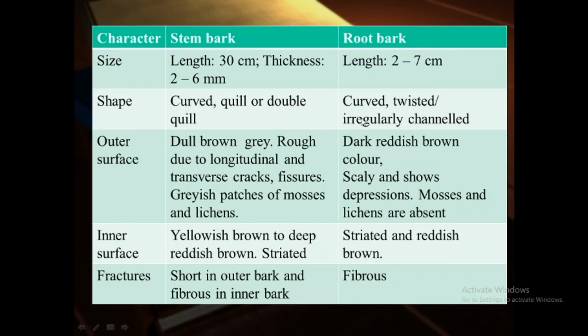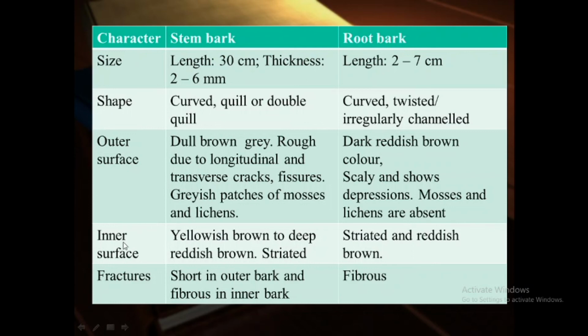Whereas in case of root bark, the outer surface is dark reddish brown color and it is scaly and shows depressions on the outer surface. The most important thing, the mosses and lichens are absent in case of root barks, whereas present in stem bark.